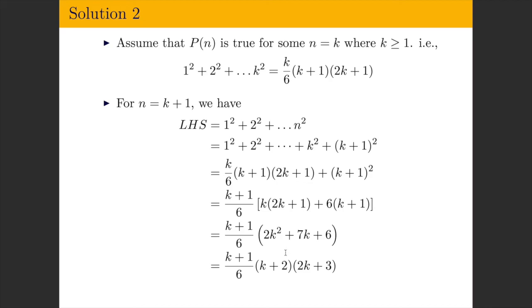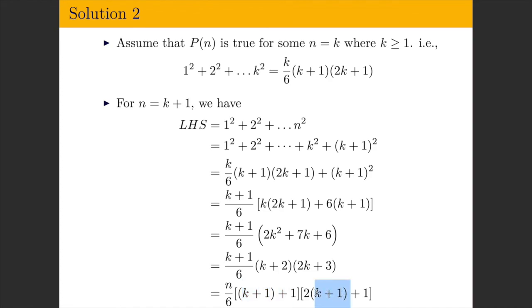Remember the original proposition, I'll go over it on the next slide. What I've done here is I'm going to recognize that k plus 2 here can be written as k plus 1 plus 1.